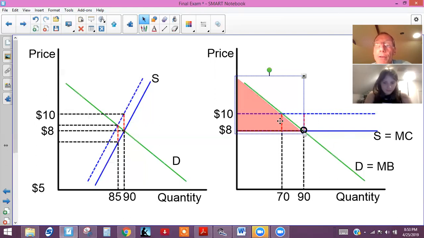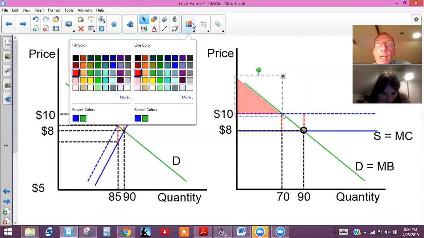Now after the tax, the consumer surplus shrinks to right there, right? Because now they're paying 10 and the quantity is lower. So yeah, the tax shrinks the consumer surplus from here to here, and that's why there's a deadweight loss, right? This rectangle right here is the tax.